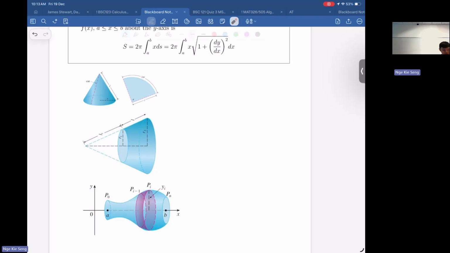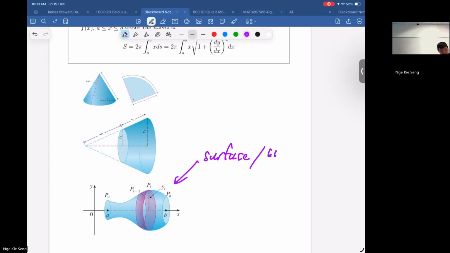Just surface area. Just look at the surface. So maybe you can think of a vase here, an empty vase in particular. Previously we need to fill it in, so it's a volume. Now it's just a surface.